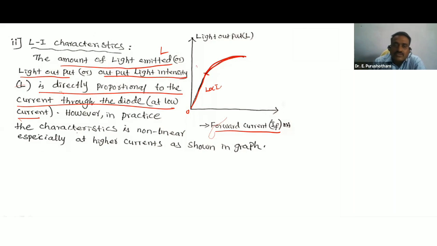You observe here, this is a non-linear curve. However, in practice, the characteristics are non-linear, especially at higher currents, as shown in this graph. Up to low currents, the light output is directly proportional to current, but at higher currents it is a non-linear graph.